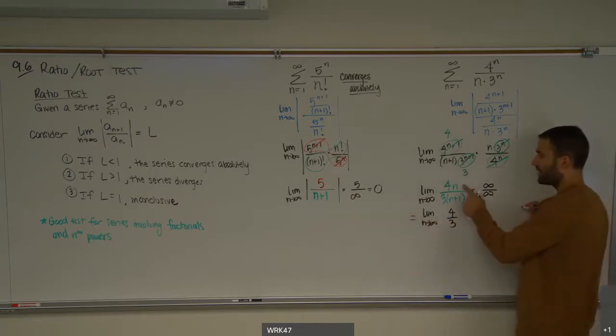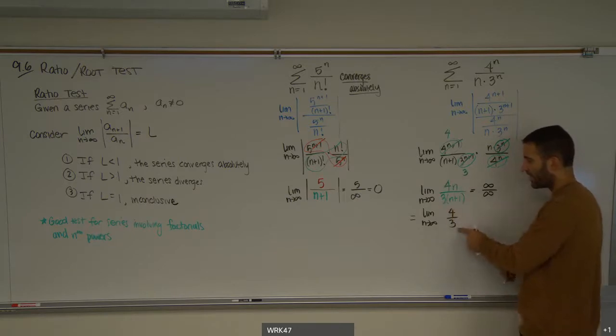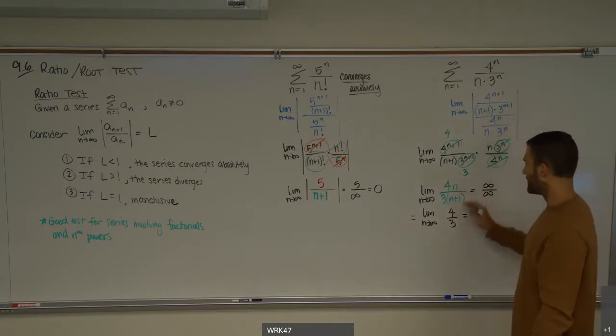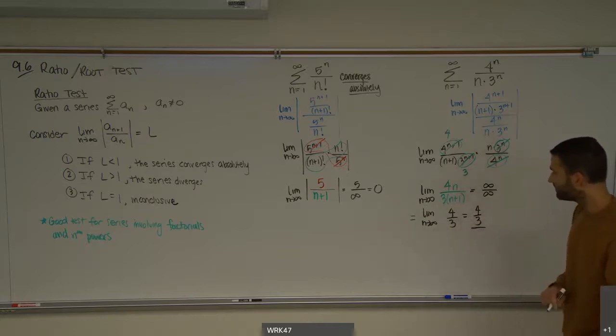We can take the derivative of the numerator, assuming this is like 4x over 3 times x plus 1. I can take the derivative of the numerator and the derivative of the denominator, and that limit's going to be the same as this limit. And now we have the limit of a constant, and so our answer is 4/3.